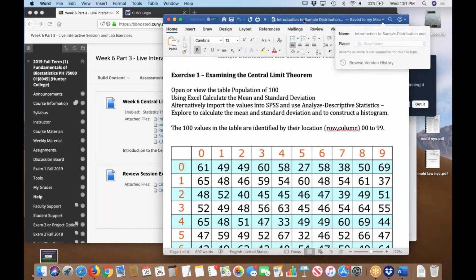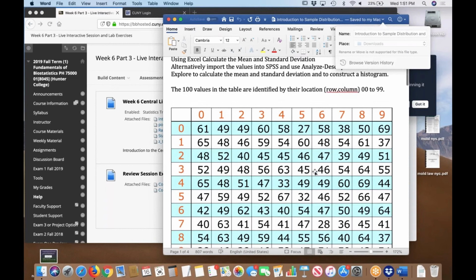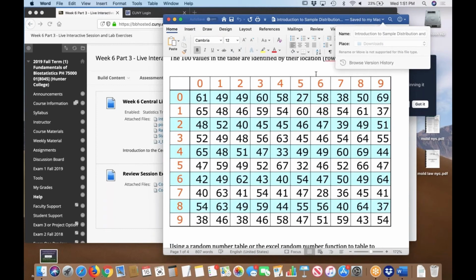So in this Word document that you see here, I have a table, and that table represents 100 samples. Actually, to be honest with you, that table represents our population. We're going to work with this population. This is everybody in our population. Population can be anything. Population can be the population in the United States. Could be all the people in New York State. Could be all the people in Brooklyn.